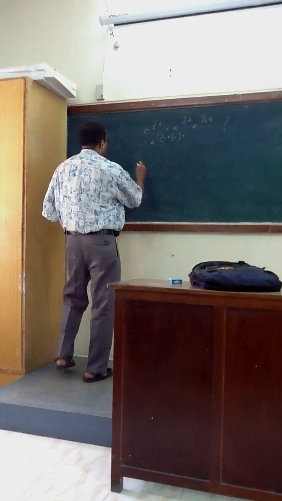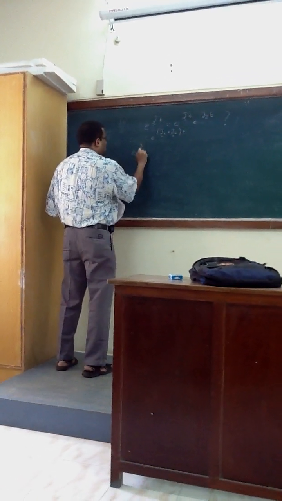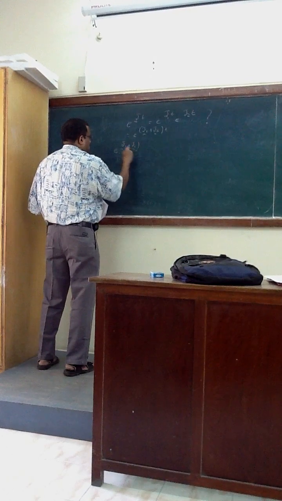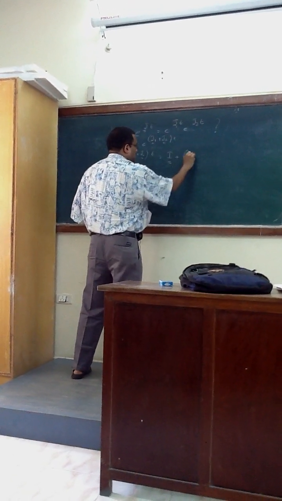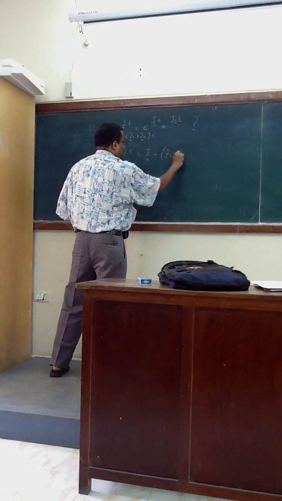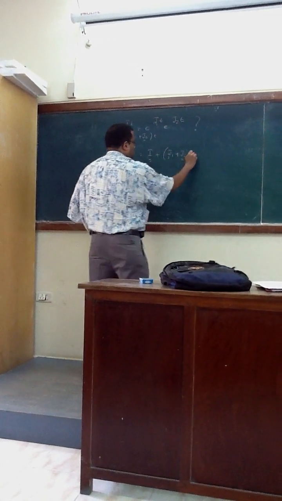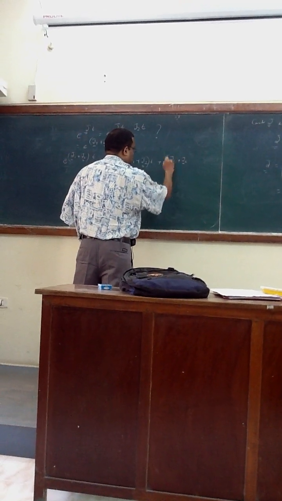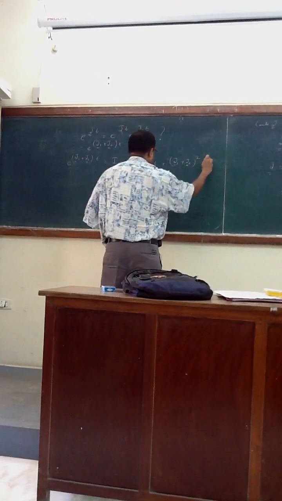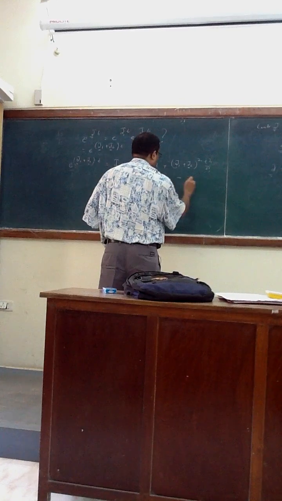Why? If you look at e to the power J1 plus J2 times t, it is I plus J1 plus J2 times t plus J1 plus J2 whole square, t square by 2 factorial, and so on.